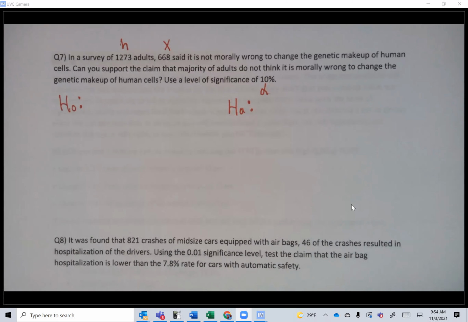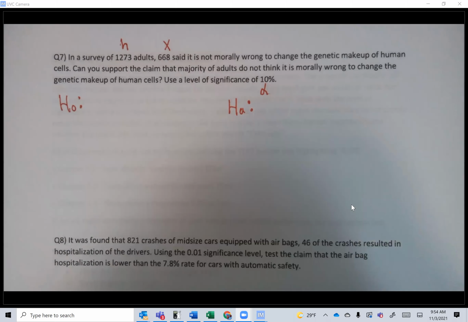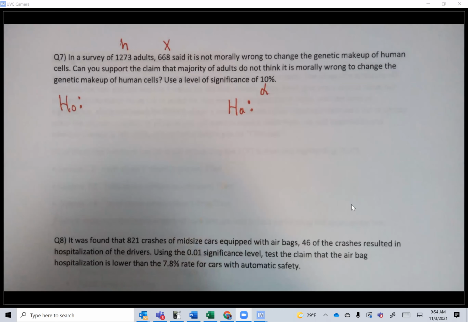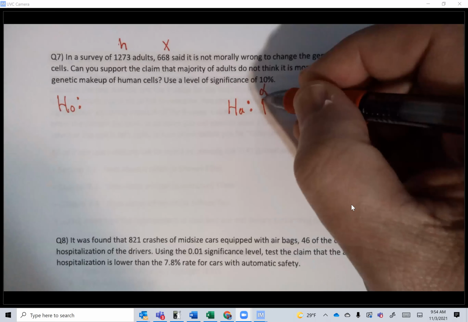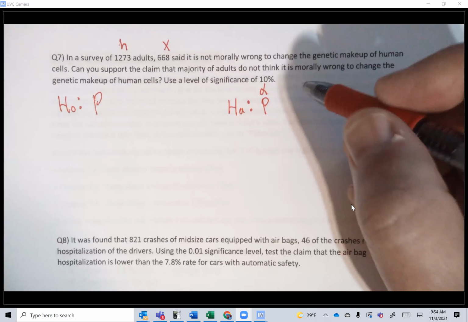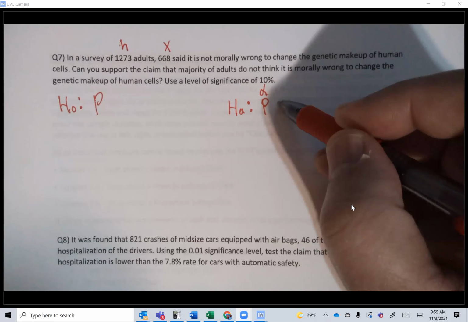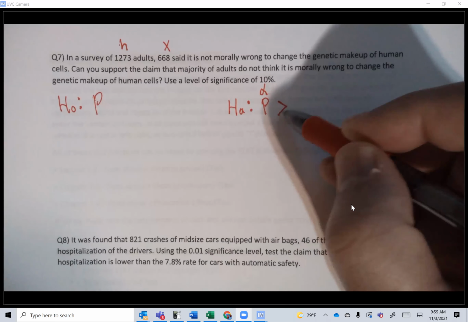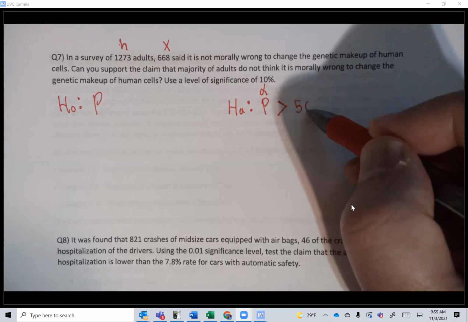What does majority mean? It's a proportion, percent. So put p. What would it be, guys? If someone has majority, it means they have more than what? 50%. Exactly.